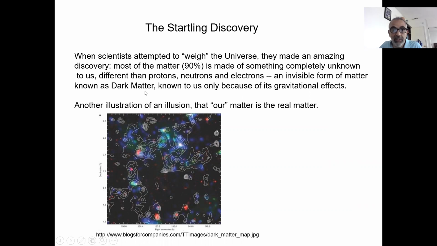It does not react with light, and it's known to us only because of its gravitational effects. And dark matter has been known for roughly about 50 years or so. And it has been a holy grail or quest to discover the identity or nature of this dark matter.